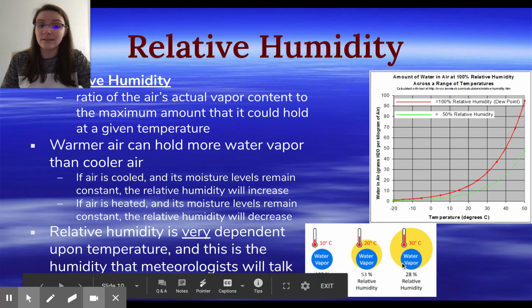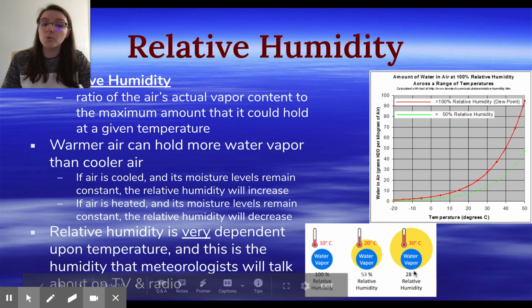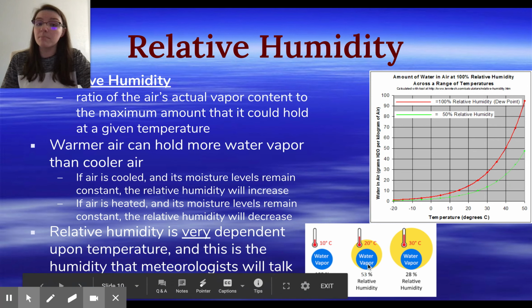It's only holding 28% of what it can, so the relative humidity is 28%. If it were to get colder, the cooler air can hold a little bit less water vapor, but the moisture level didn't change. There's still the same amount of water vapor in the air.